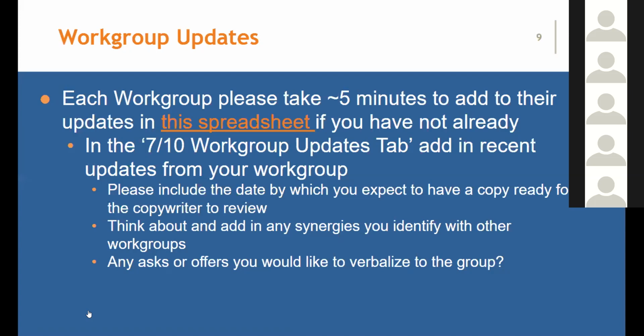We just would like to make sure that the copywriter, Rebecca, has enough time on her schedule and knows when the work will be coming in. And also, as you review the different updates on the spreadsheet, just think about any synergies you have with any other work groups, and please feel free to let us know if you have any asks or offers. So we're going to pause for 5 minutes as individuals are brought up to speed, and we will regroup at 1:36.